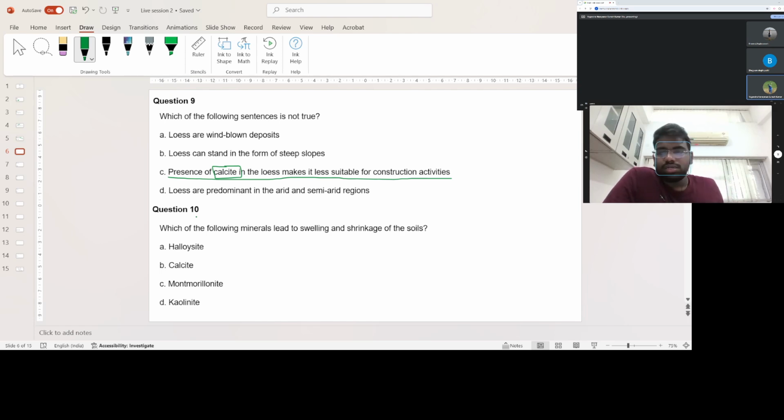Coming to the 10th question: which of the following minerals lead to swelling and shrinkage of soils? This is Montmorillonite. Then I will extend the question. Why does swelling and shrinkage not occur in other clay minerals, or does it occur?